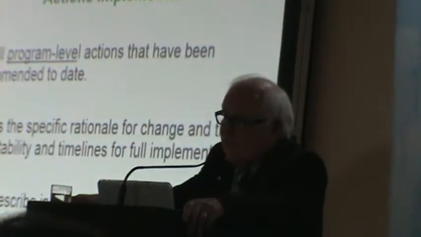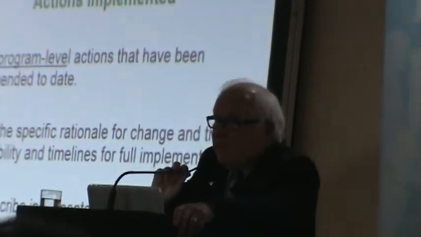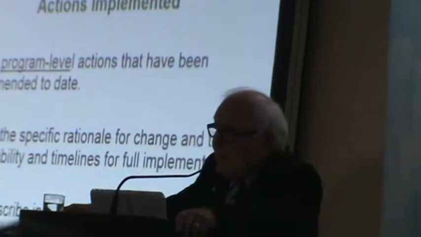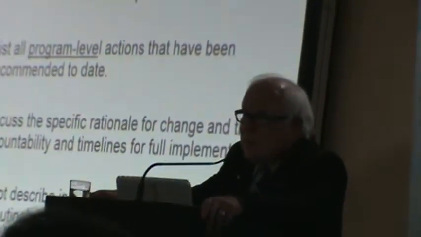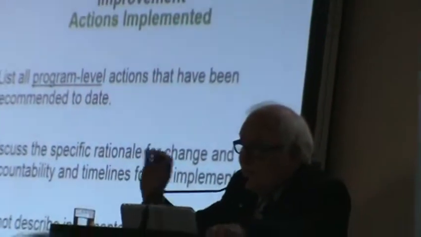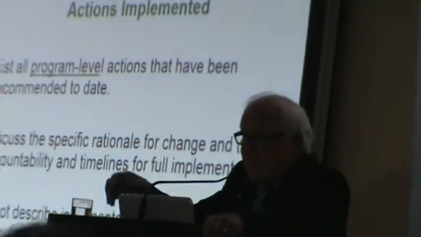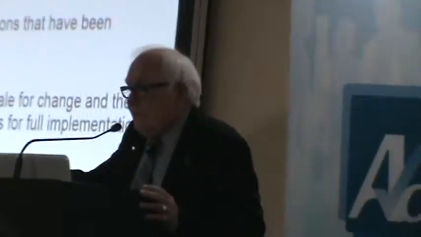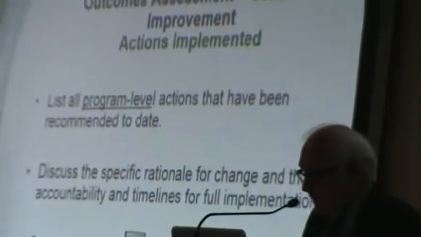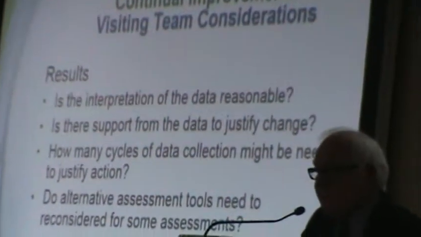But what we failed to say is, who's going to be responsible for implementing the change, and how long will they be given for that change to be implemented? So it's not enough to say we're going to change, there has to be a follow-through process. And again, we're not particularly interested in course level actions that can just routinely be addressed by the professors.